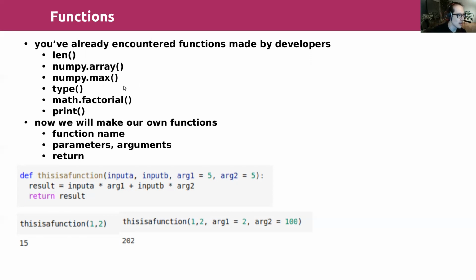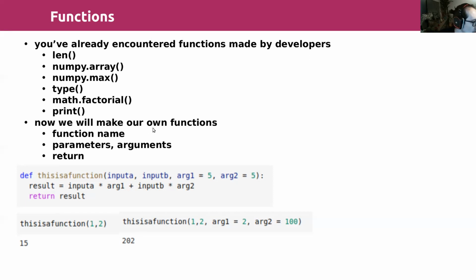So these are all functions. type, we've used the type function to check, is something an integer. math.factorial, we use this to compute the factorial. print, we use print all the time. Print is a function.